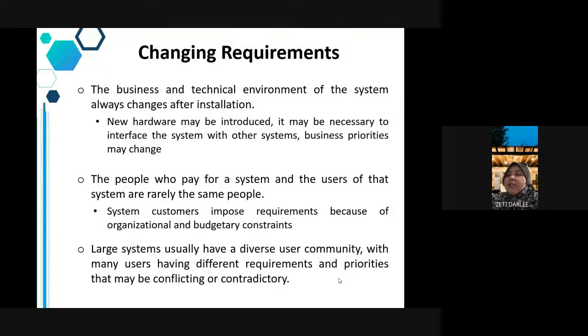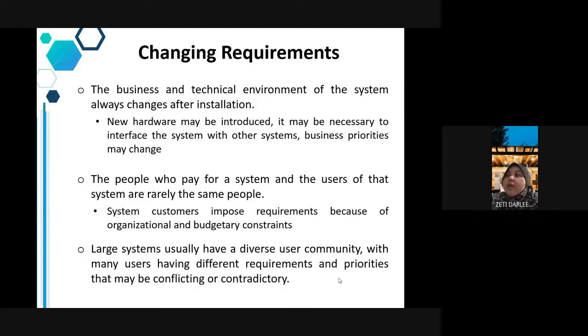So the changing requirements could be quite a lot, especially it affects bila sistem tu dah complete, maybe it happens after installation. Okay, so dia boleh berlaku dekat mana-mana sistem development tu.